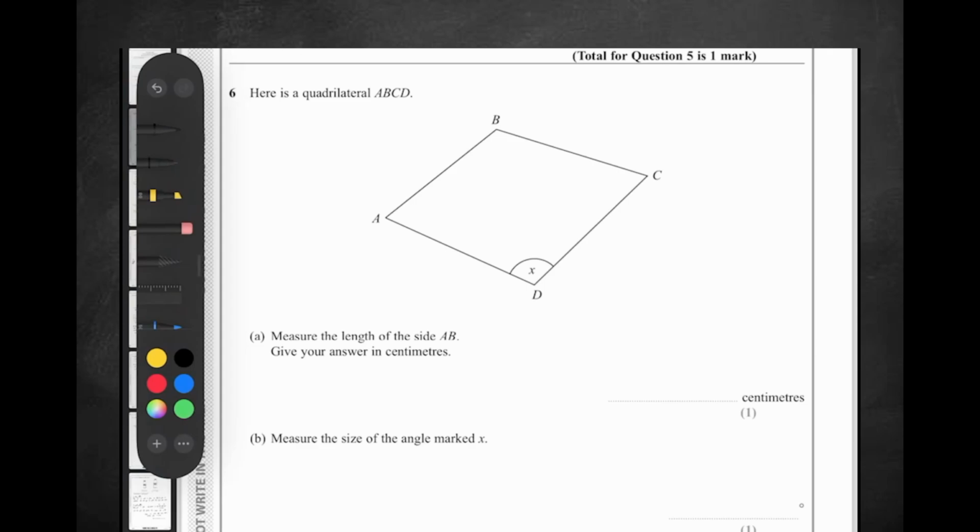So question 6, here is a quadrilateral, ABCD. Measure the length of the side AB, give your answer in centimeters.